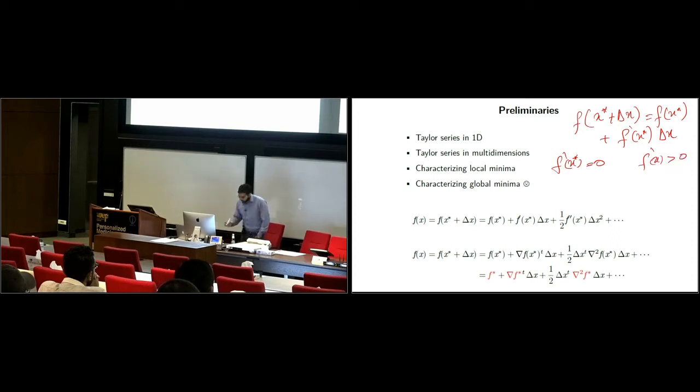Then I can choose a delta x which is negative, and we can show that there is a point in the neighborhood of x star for which the value of the function is less than f of x star. So it's not a minima. Does it make sense?